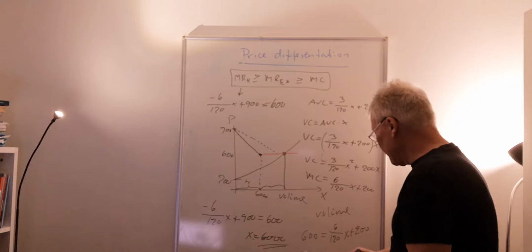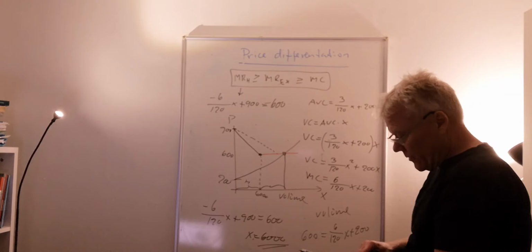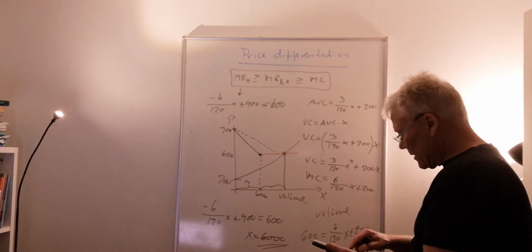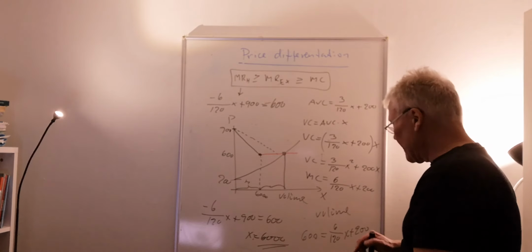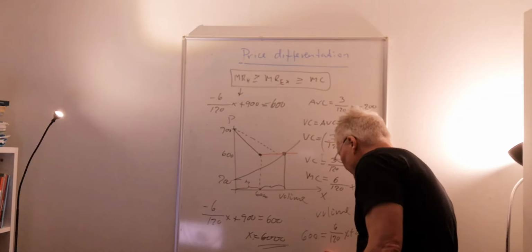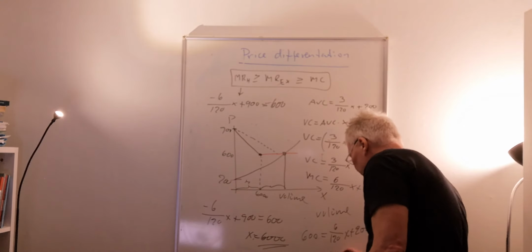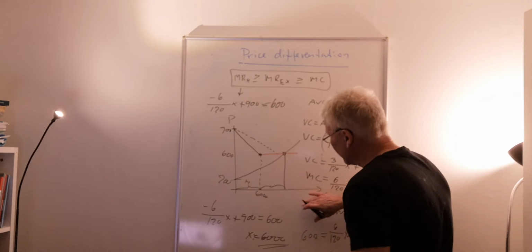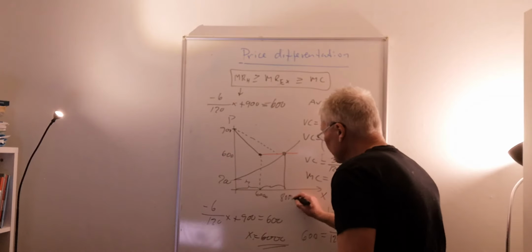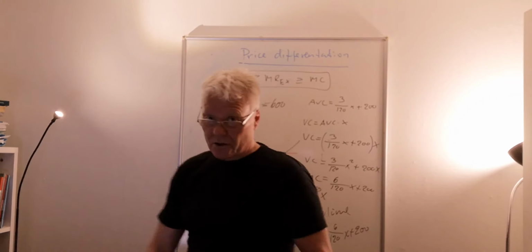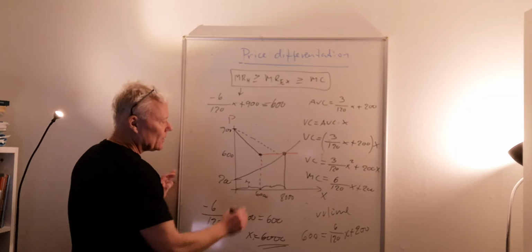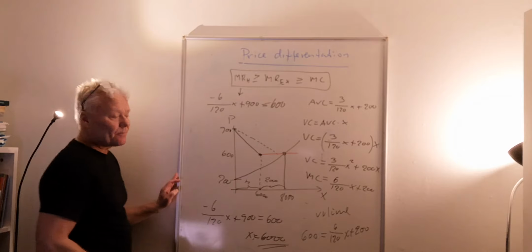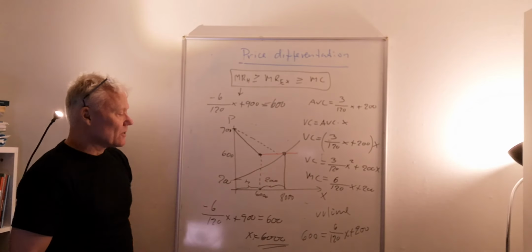And the volume will be 400 times 120 divided by 6. 8,000. X is equal to 8,000. So instead of the volume, I erase that one and write 8,000. So in this case, we are going to sell 2,000 for the export market and 8,000 as a total.